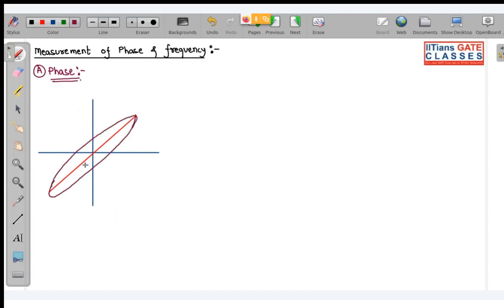Now my ellipse is not that perfect, but you can understand. This is the major axis. This is the minor axis. Major axis, minor axis.